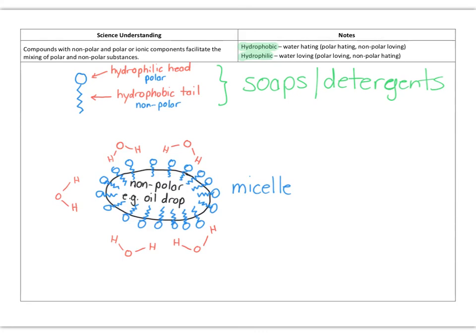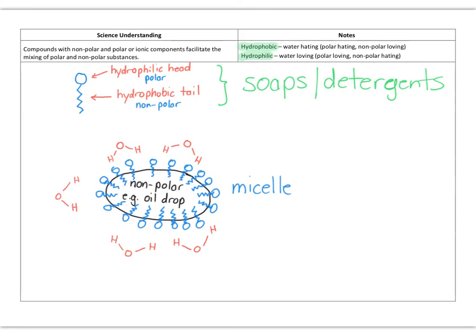It's what we wash ourselves in. It's what we wash our dishes in. And if we need to get rid of non-polar stuff, like oil that's come from our skin or in our hair, or oil that's on our dishes, it basically helps that process along. So that is a little bit about how we help things dissolve.